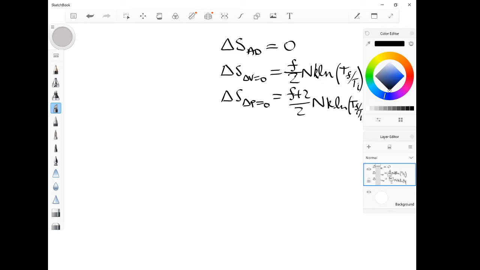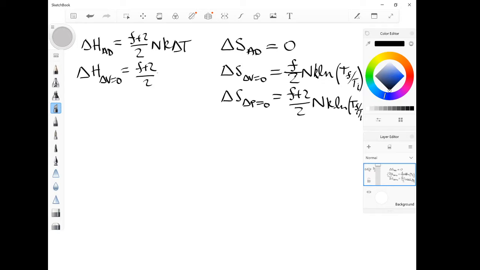Alright, and then we also have our changes in enthalpy. So dH for the adiabatic process is going to be equal to (f plus 2) on 2 Nk delta T. Change in enthalpy for a constant volume process is equal to (f plus 2) on 2 Nk delta T. And the same here.